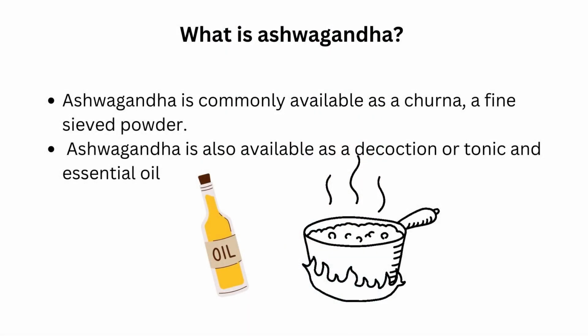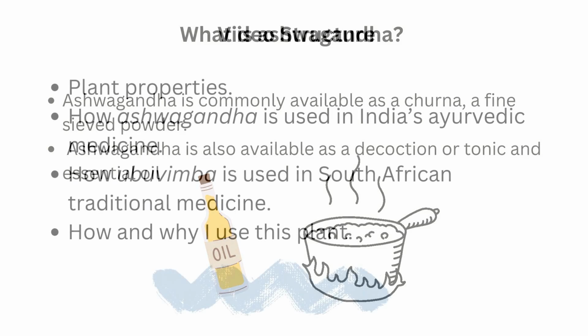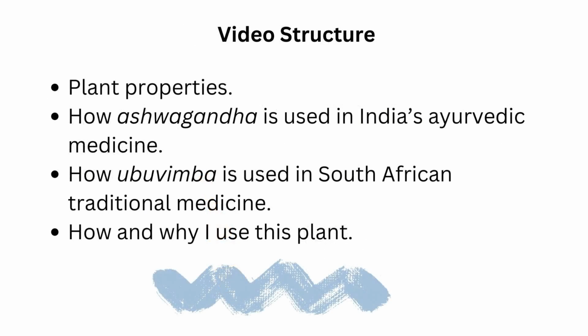It is also available as extract of the plant, for example, water, alcohol, petroleum ether, purified alkaloids, and glycosides. The plant is an important medicinal plant in Indian Ayurvedic medicine and South African traditional medicine.